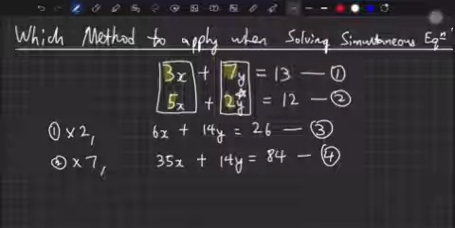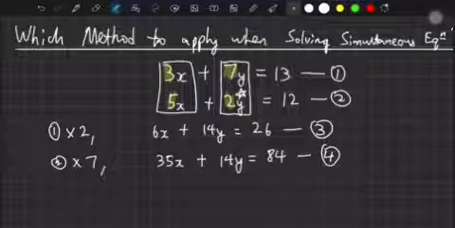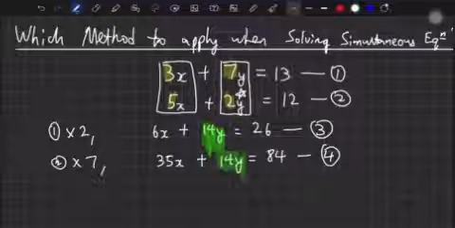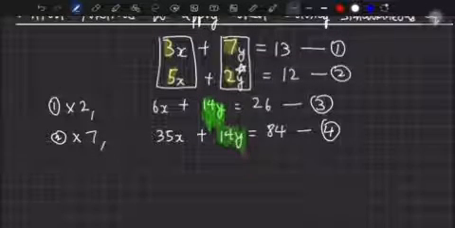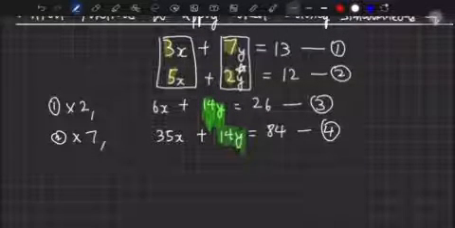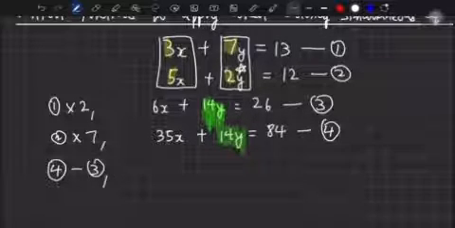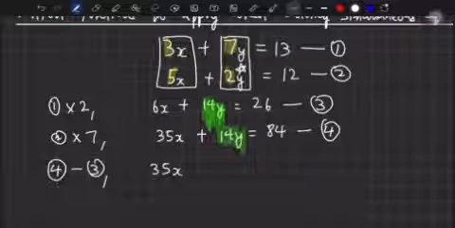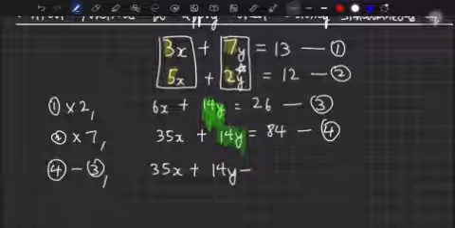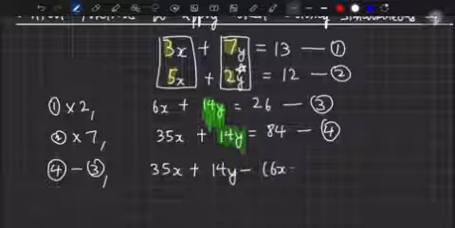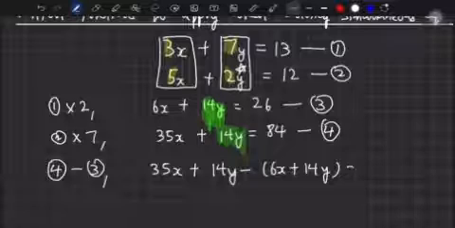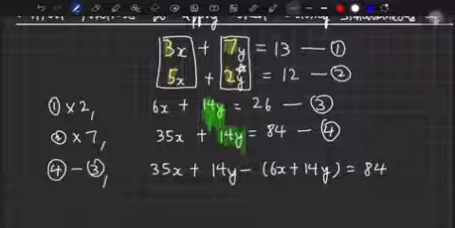So with this, we want to eliminate the 14y. It's positive 14y and positive 14y, so positive and positive will minus. Whether equation 3 minus equation 4 or the other way round doesn't matter, depending on your preference. So take equation 4 minus equation 3. Please, this step must be written properly: 35x plus 14y minus, after minus please make sure you have a bracket, 6x plus 14y equals 84 minus 26.